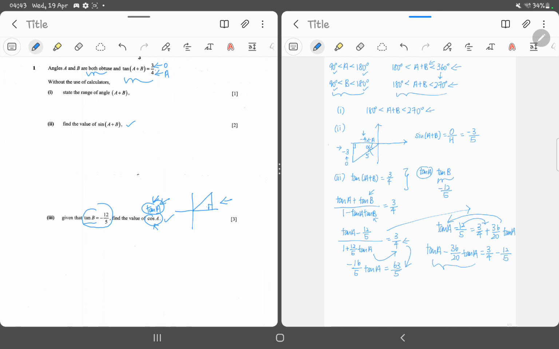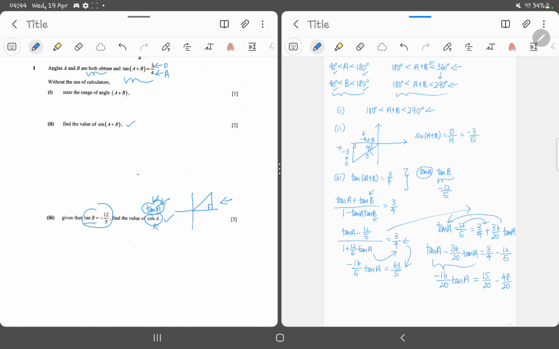So this over here is equal to minus 16 over 20 tangent A, which is equal to 3 over 4 minus 12 over 5. In this case, this will be equal to 15 over 20 minus 48 over 20.